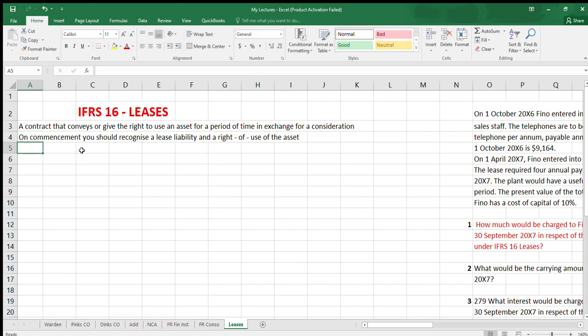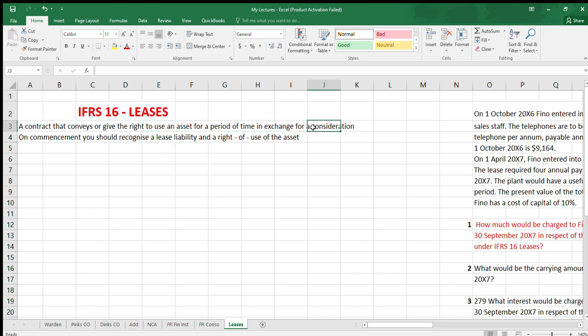And this is simple double entry. So on commencement of the lease, you recognize a lease liability, that is the payment, and the right of use of asset, the asset you received as a result of that contract.